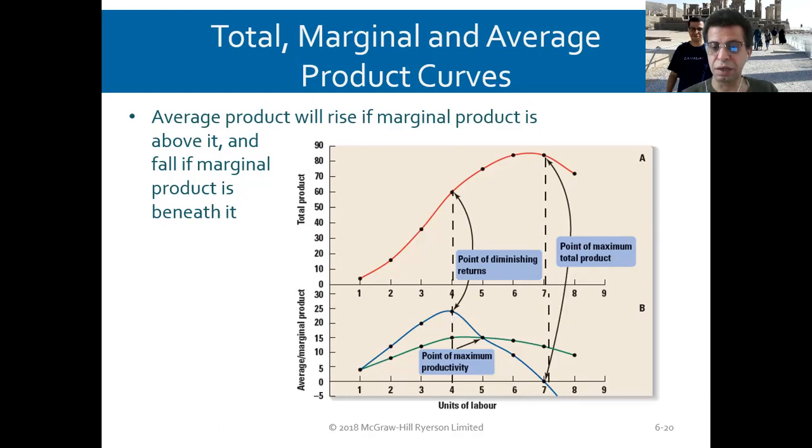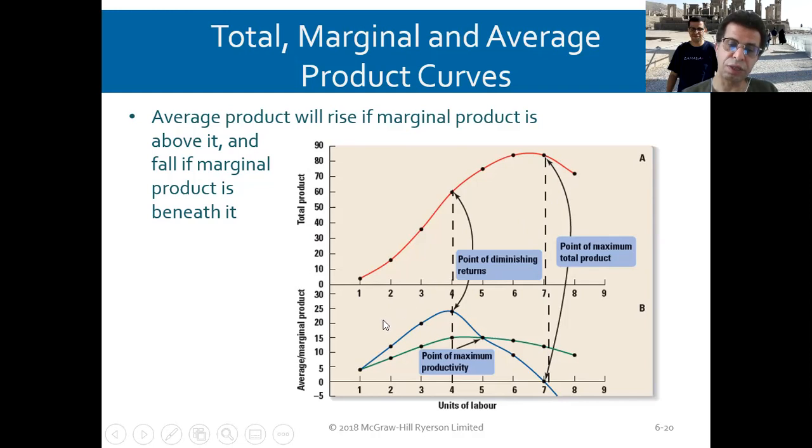At the maximum point, it starts declining when it goes under the seven here, the unit, because you have more labor than you need. It is the point of maximum total production, but once it goes below the zero here, you will have a decline.